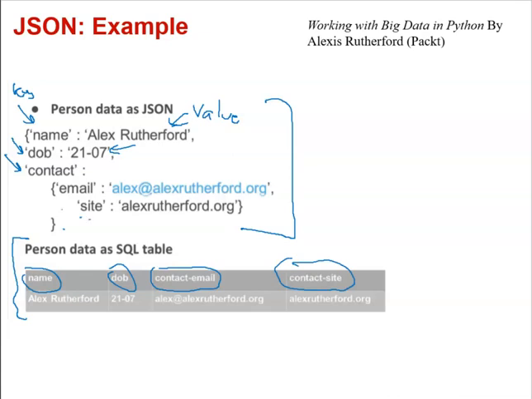So if you want to, let's say, add details of another person, and you have the cell phone number of the other person as well, you can add that over here. But in a SQL format, you have to be consistent and add data based on whatever columns you have in the table, right?